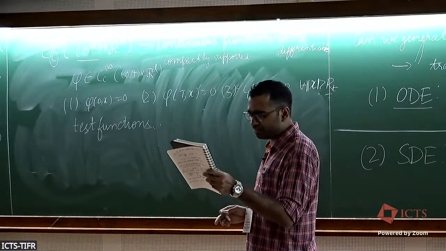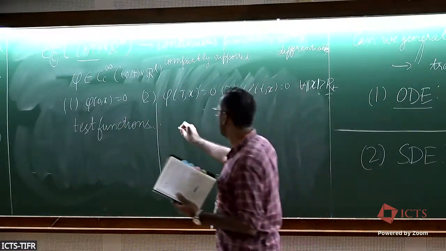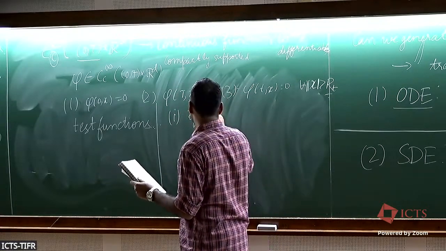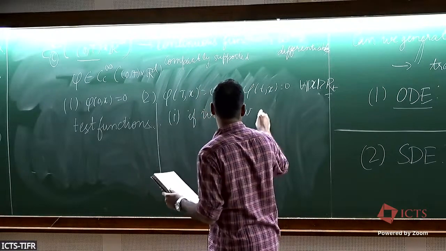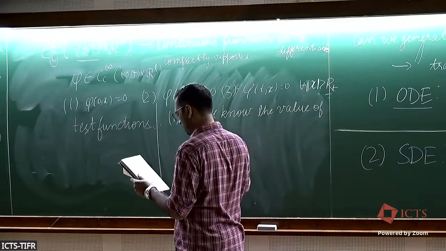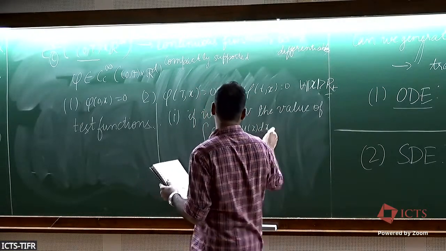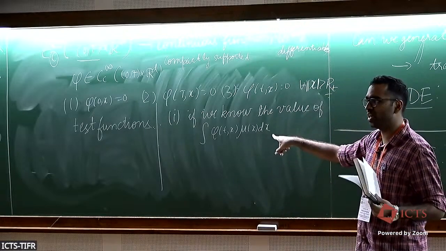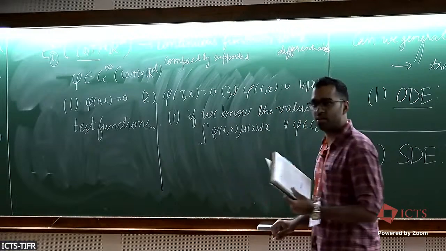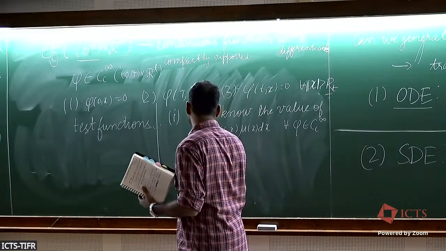Okay, the first question I ask you: if we know the value of the integral of phi of (t, x) mu of x dx, this need not have a density, even though I wrote it like a density, it's just integration, for all phi belonging to our test function class C_c infinity, is mu unique?